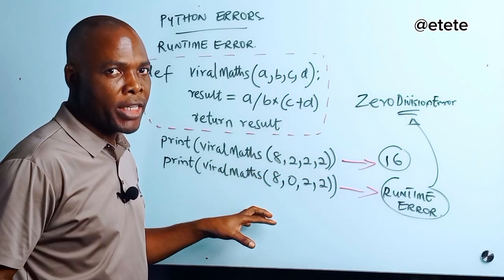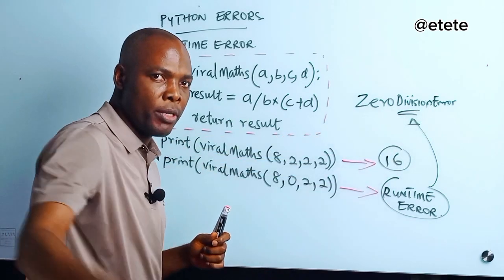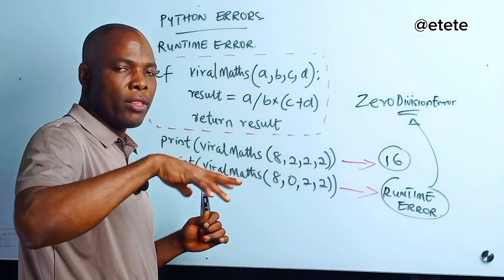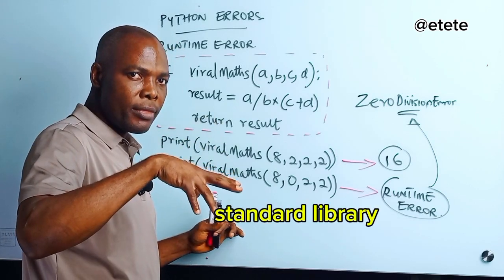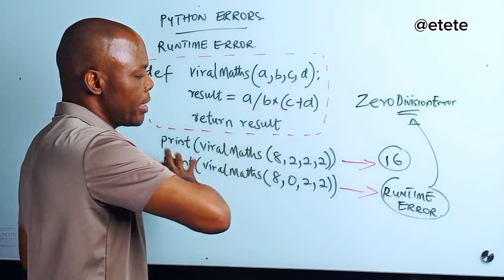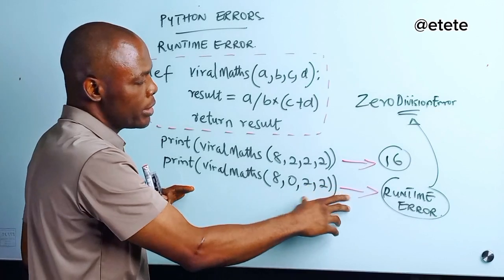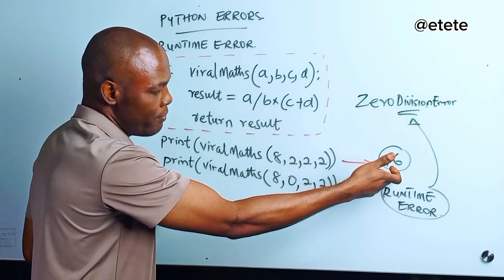So let's go to the PyCharm and let me demonstrate this for you. This zero division error is a built-in error in Python, the standard dictionary. So that is what you will see, and then we are going to see this in the PyCharm. We will run it. This one will execute and give you the value 16.